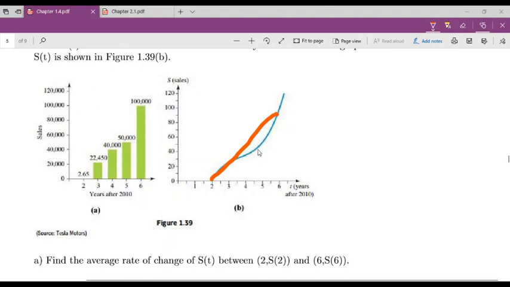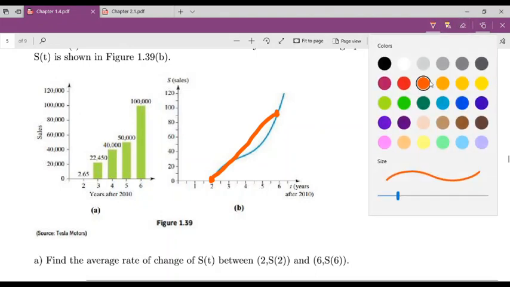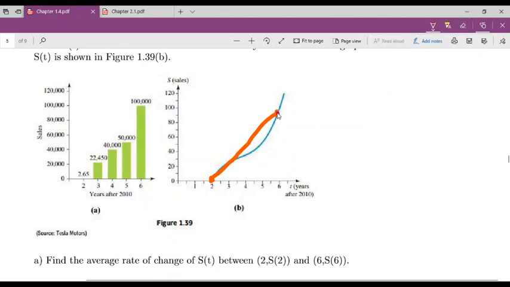Instead of worrying about the curve in between, we want to find the average rate of change between those 2 points. So this point here and this point here. If you want me to, I can even do it in a different color. So that point, obviously, and that point. Like I said, it's really not that bad.